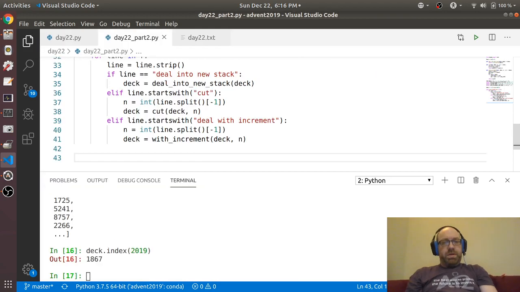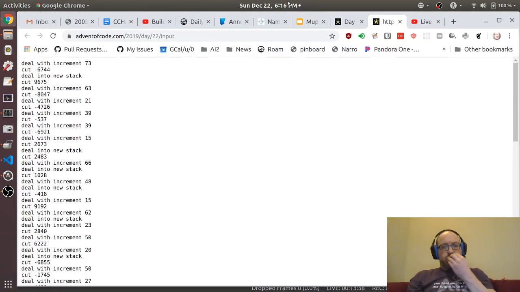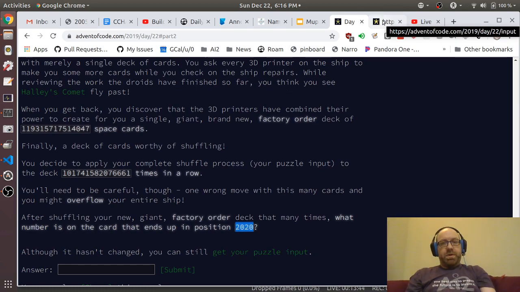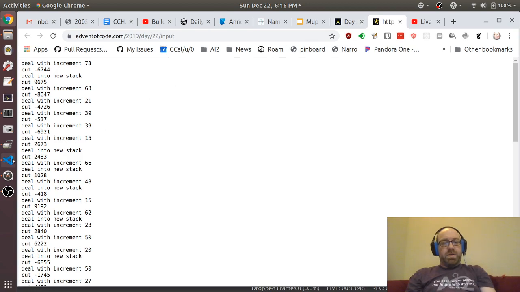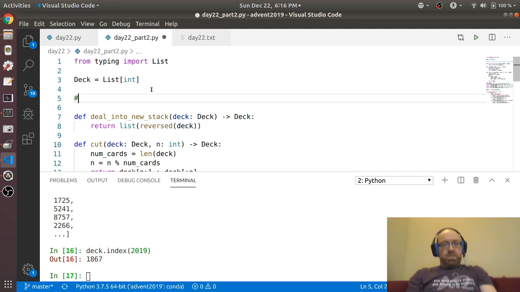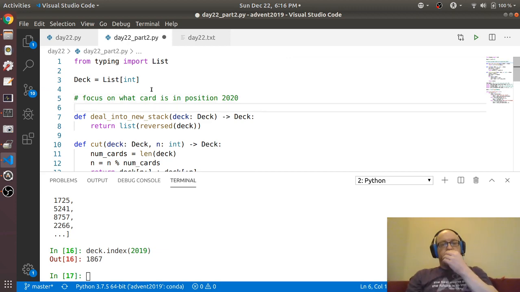Okay, so now we want to, what number is on the card that ends up in position 2020? Okay, so now we're going to focus on what card is in position 2020.